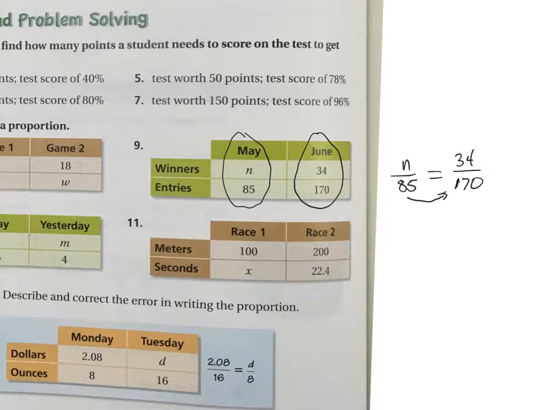So the answer for this one should be 34 divided by 2, because 85 times 2 is 170. So 34 divided by 2 should give me my number over here. All right. And what else do we have to do?